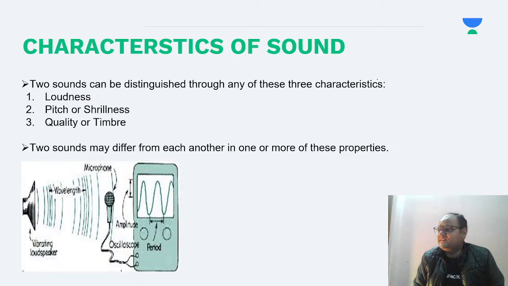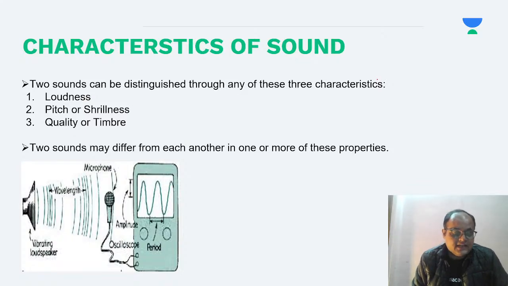If I tell you this sound is loud, this is shrill, this is grave, this is soft, this is hard, it's okay, you will believe because you have been hearing them for a very long time. But what is the technical part behind this? How will you get to know the technical part? For that you need mathematical proofs, and for that you need waveforms. Yes, you need waveforms.